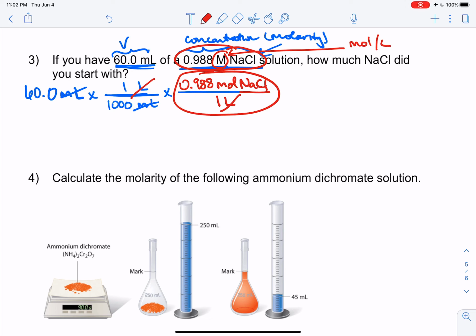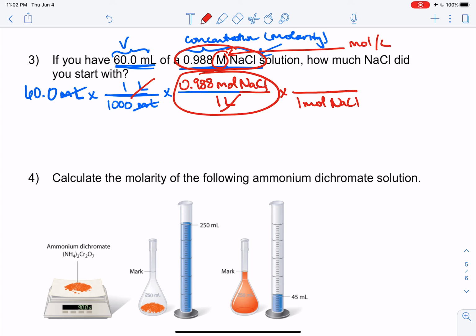Yay! And now we're in units of what? We're in moles. And that's good because we know how to go from moles to what? Grams. And grams are what we want here. All right, so we have 1 mole of sodium chloride on the bottom there because we're letting our units guide us and we want to get rid of moles.